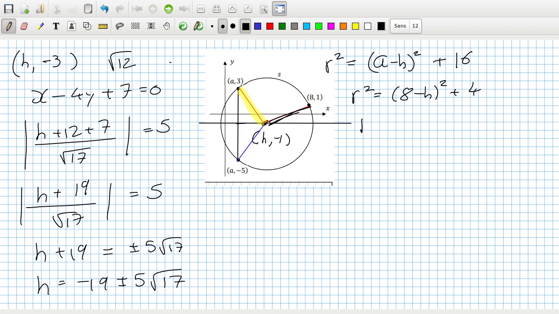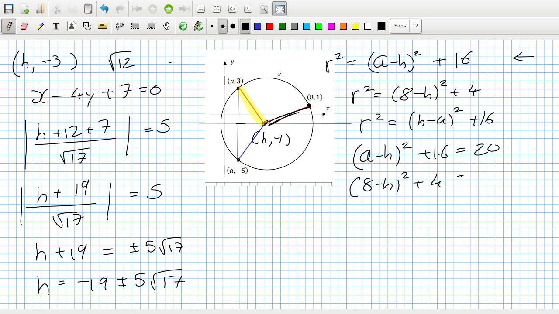And then this last one there, r squared equals h minus a squared plus minus 1 minus 5 squared, that's plus 16. So it's the same as the first one, so it doesn't give me anything useful. So I can say a minus h squared plus 16 equals 20, and 8 minus h squared plus 4 also equals 20.